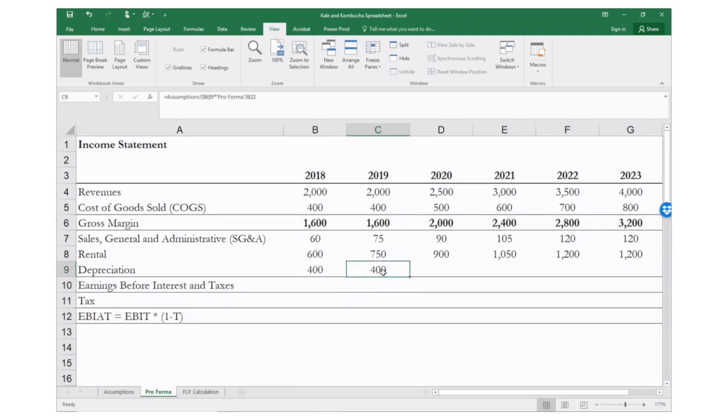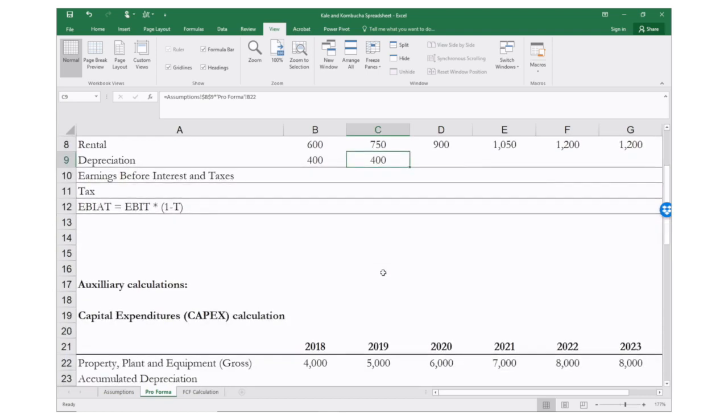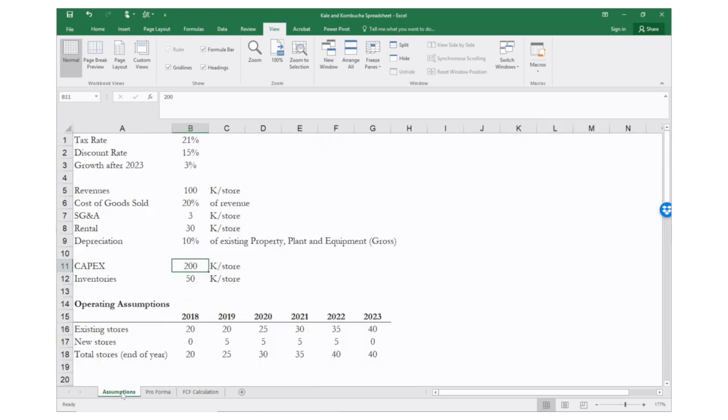Now you might ask, wait, but you have $5 million at the end of 2019 in terms of property, plant, and equipment. That is correct. But some of that, and in fact 1 million of that, is because of 5 new stores that I am building during that year. And the assumption that I'm using is that those are not operating.